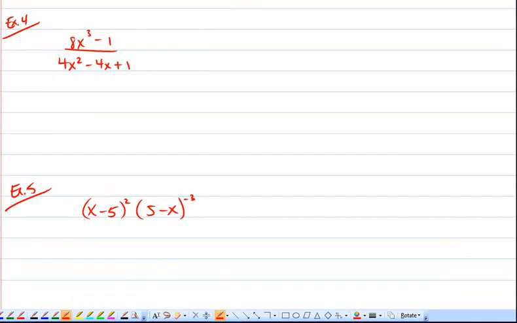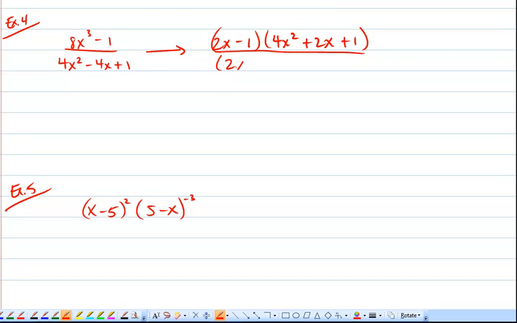All right, look at example 4, please. Factor the top using doc, difference of cubes. Plus 2x plus 1. And then in the denominator, you end up with a 4x squared minus 4x plus 1. We can factor that into 2x minus 1 quantity squared.